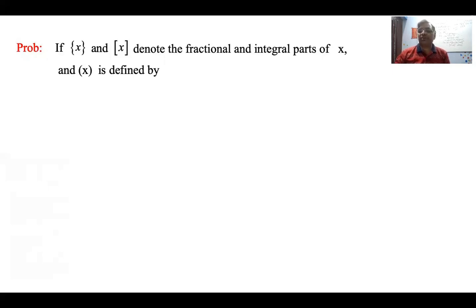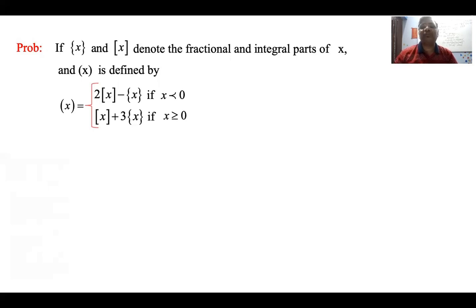For any real number x, floor x is the fractional part and step x is the greatest integer part. The ordinary bracket of x is defined by 2 times step x minus floor x when x is less than 0. When x is greater than 0, it is defined by step x plus 3 times floor x. This is the way the bracket of x is defined.